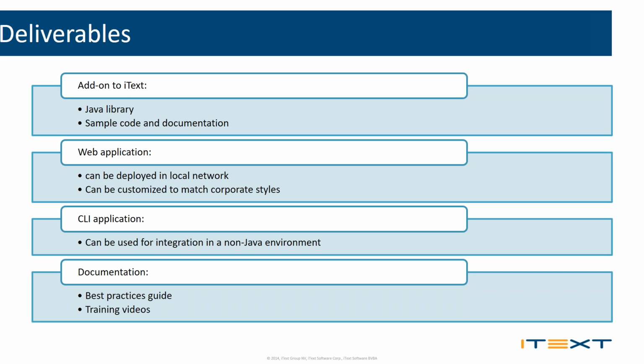As deliverables, if you purchase the product, it comes as a Java library, sample code and documentation. It comes as a web application that can be deployed in your local network if you wish, and can be customized to match your corporate styles. It also comes with a CLI application in case your workload is not Java-based. And of course, it comes with documentation, including a best practices guide and training videos, and all recordings of these webinars as well.